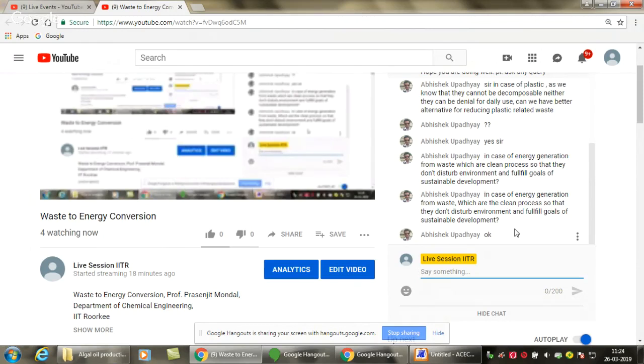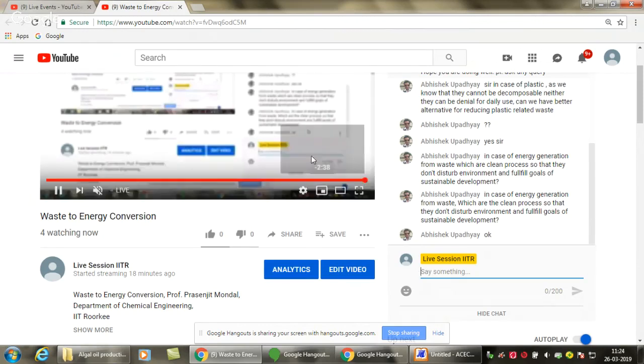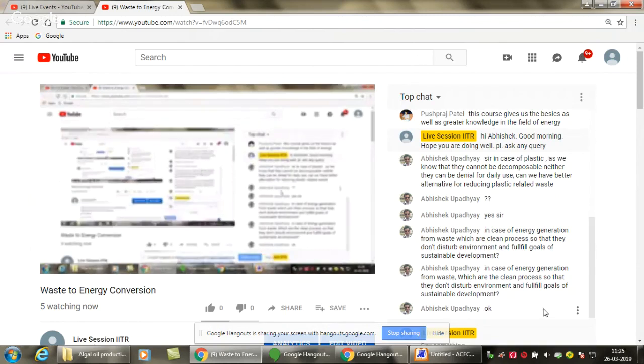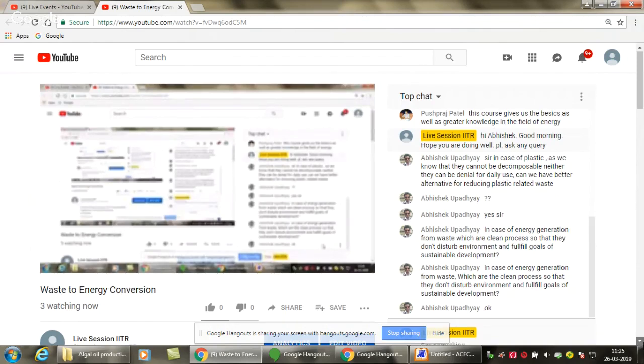Then, even after taking all those precautions, there will be some production of pollution, and that has to be treated. Then water treatment has to be followed. Then we will get the cleaner options. All combustion technologies generate pollution, and we have to take a suitable method for the cleaning of the emission as well as liquid effluent, that is wastewater.